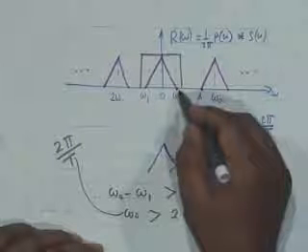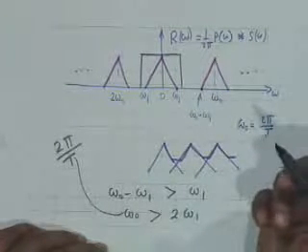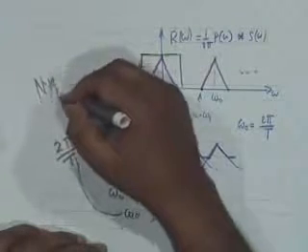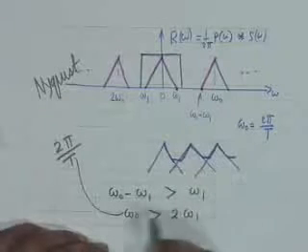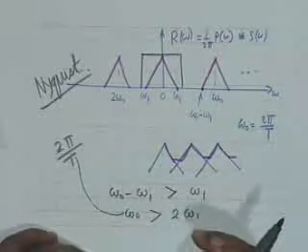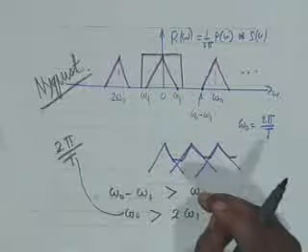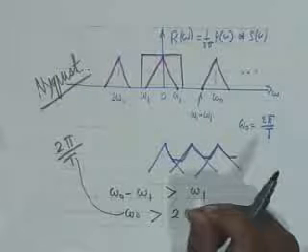Omega 1 is the highest frequency content of the signal, and this is the statement of the famous sampling theorem due to Nyquist, N-Y-Q-U-I-S-T, Nyquist.